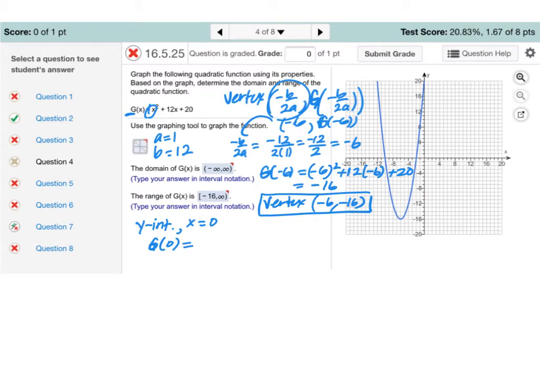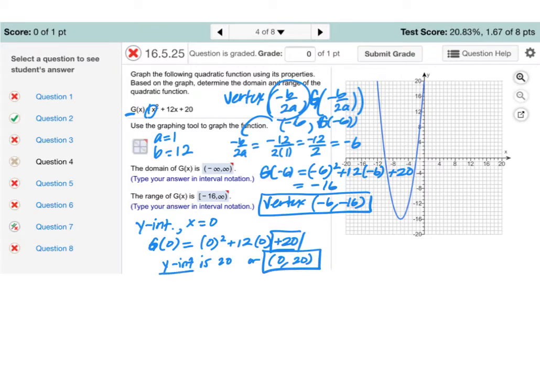And so if I plug in 0 here, we have x squared, which is 0 squared, plus 12 times x, which is 12 times 0, plus 20. So the y-intercept is really easy to find. It'll always just be the constant value because we'll be plugging in 0 for the x's. Okay, so we know our y-intercept is 20, or if I want to express that as the point, it's the ordered pair 0, 20.